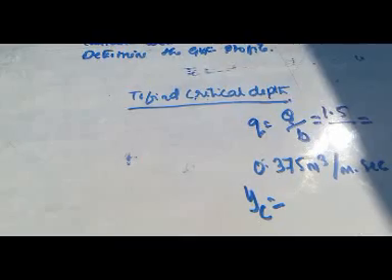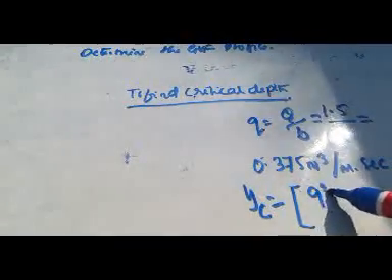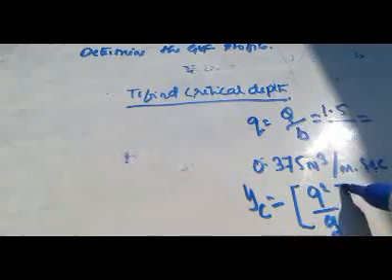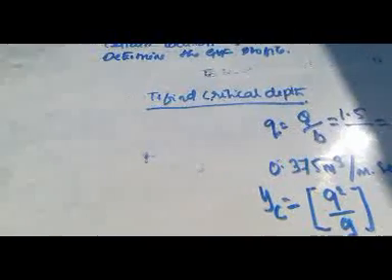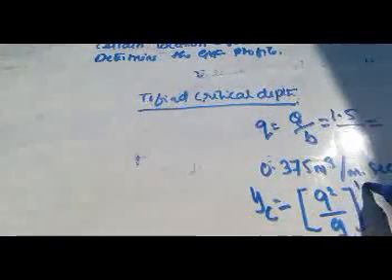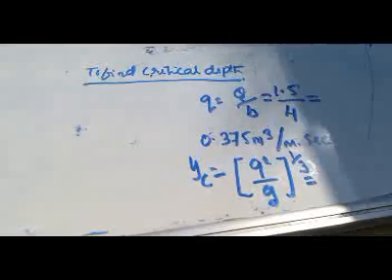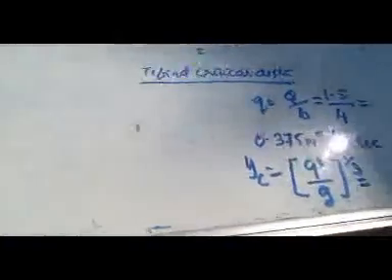We also need to find out yc, which is small q square by g to the power 1 by 3. So the answer is 0.24 meter.